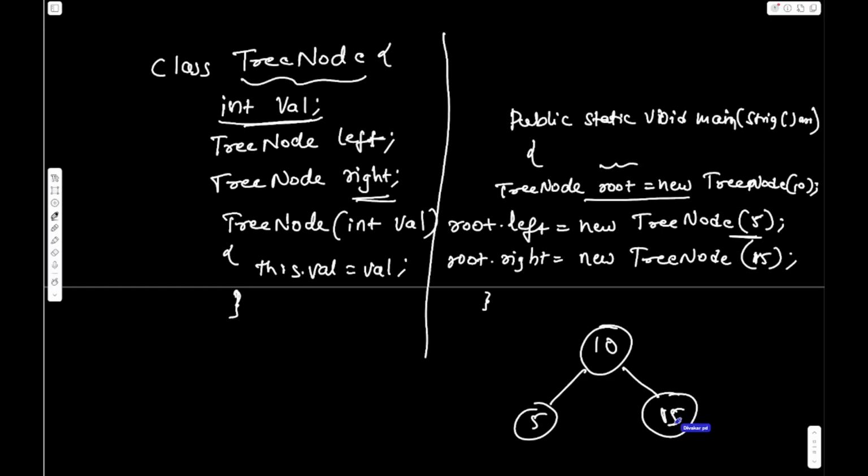So let's see why trees are powerful. Suppose we store 1 million elements in a linked list. Searching requires traversing node by node, so the worst case scenario will be O of n. That means with a million elements, we need to search through all of them if the element is at the end of the list.